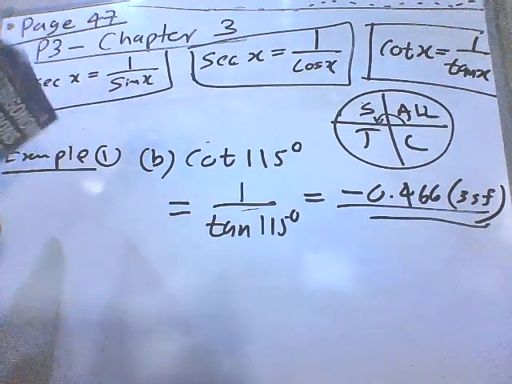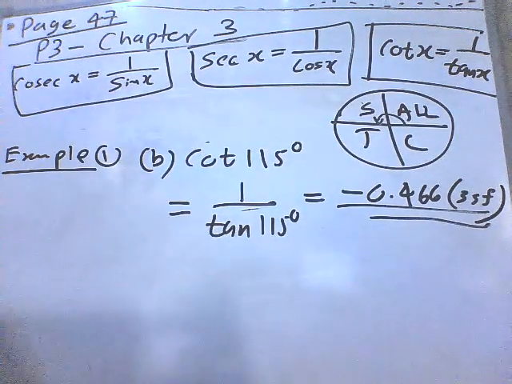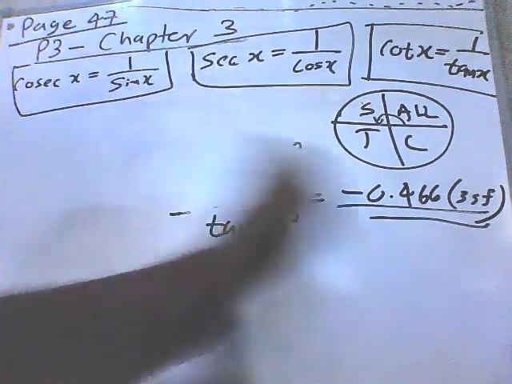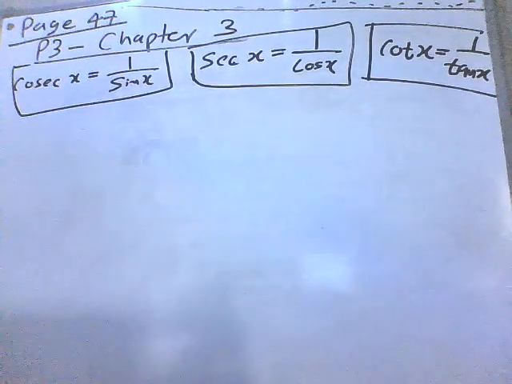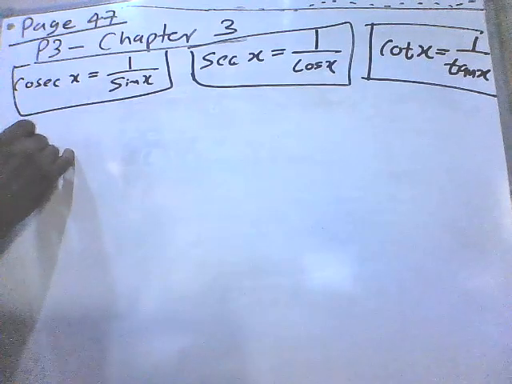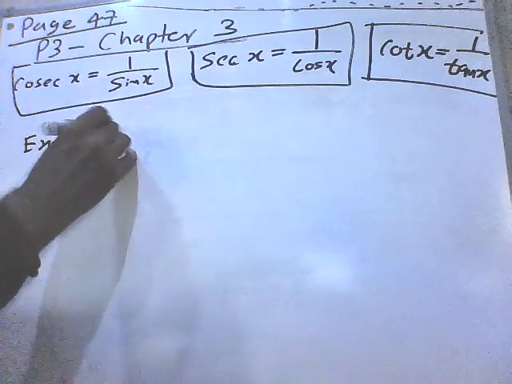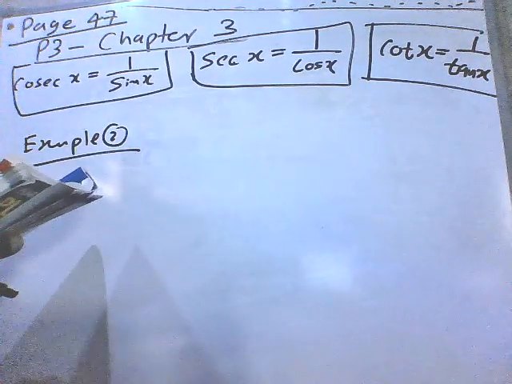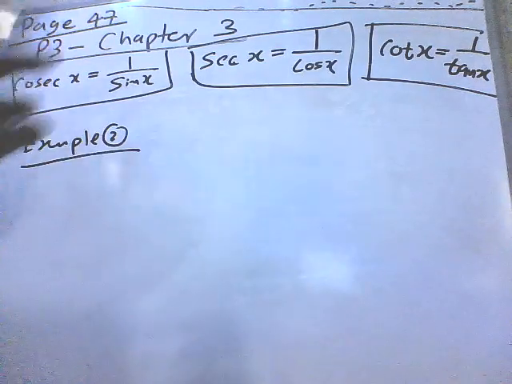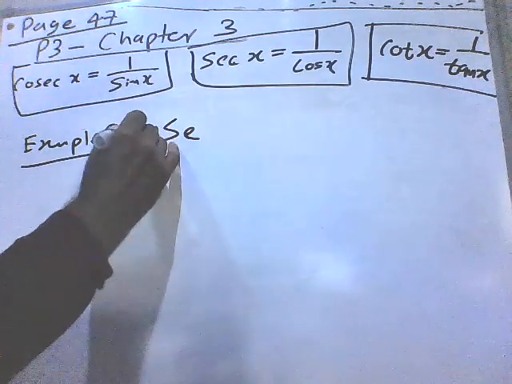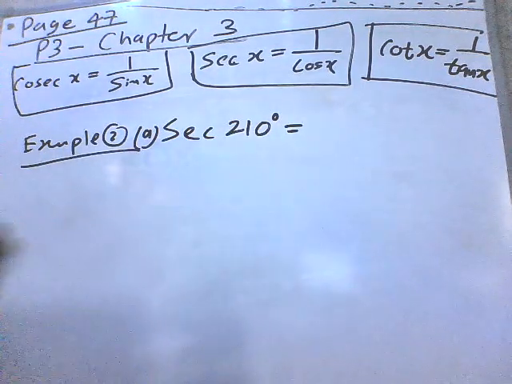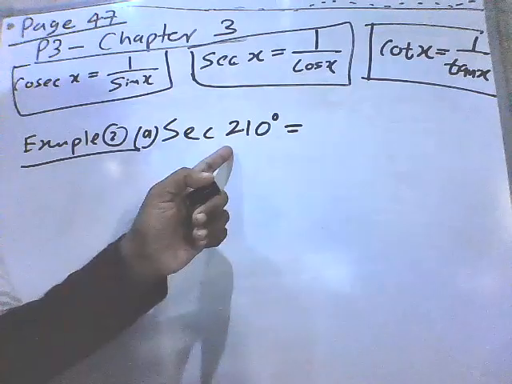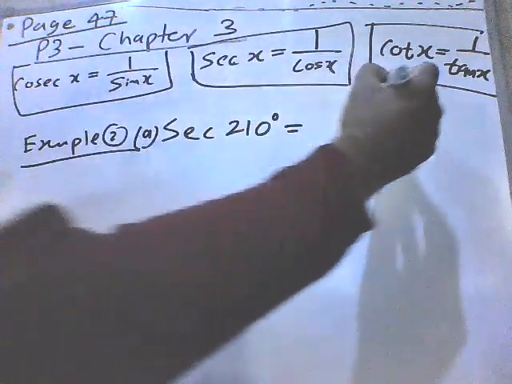Now we go to example 2. They are asking us to find sec 210, part A. When you see this, we can do it without the calculator using the table values for 30, 45 and so on.